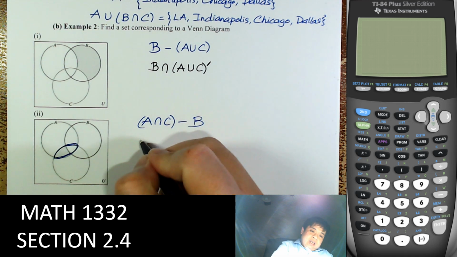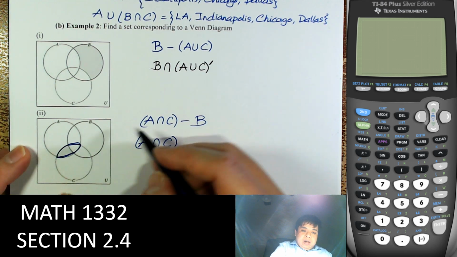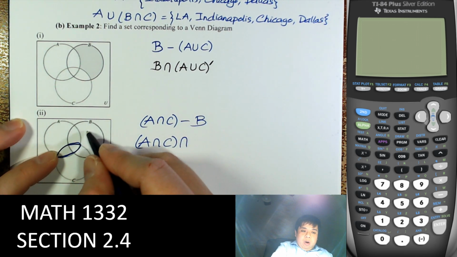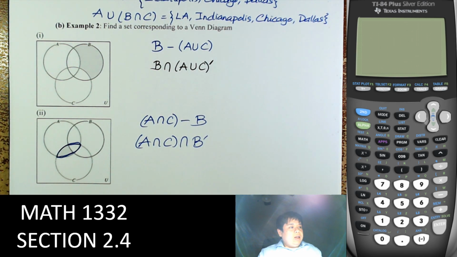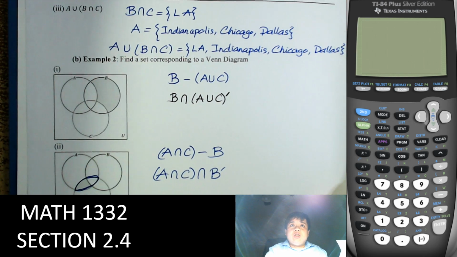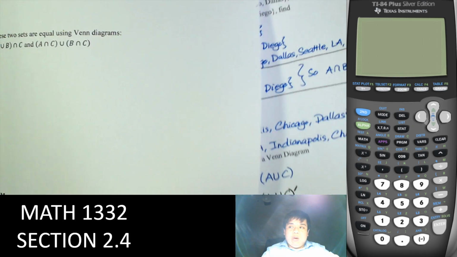Or we can say A intersect C, but intersect with the part that is outside of B. Either way, it describes the correct shaded region for the Venn diagram.